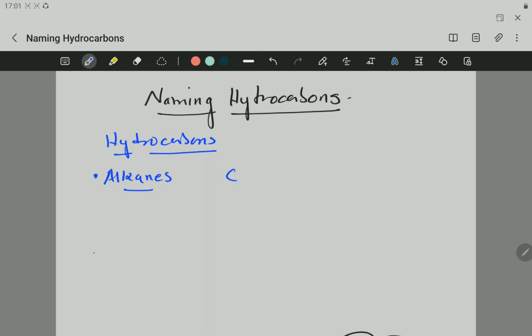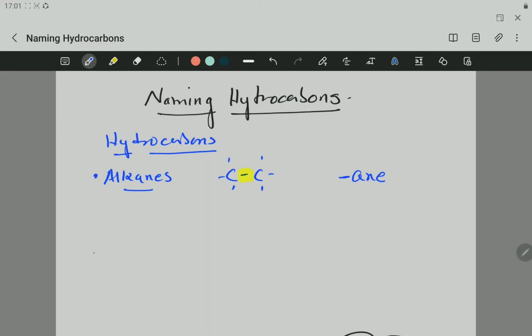They only have carbon and hydrogens, and all the bonds between the carbons are single bonds. Okay, now what is important to know? If a compound is an alkane, the name of that compound will end in "ane". So whatever the compound is, the name will always end in "ane". For example, butane, methane, etc.